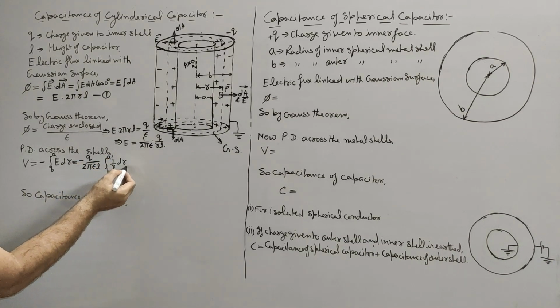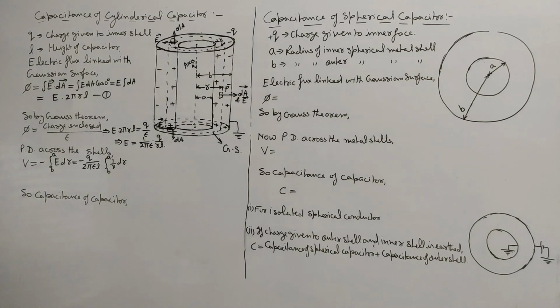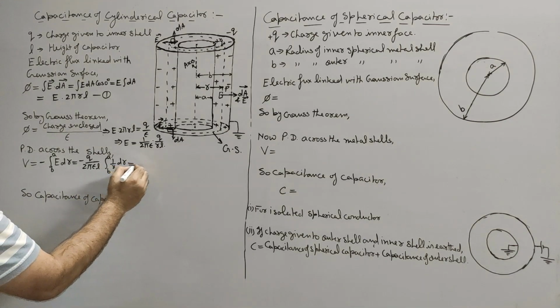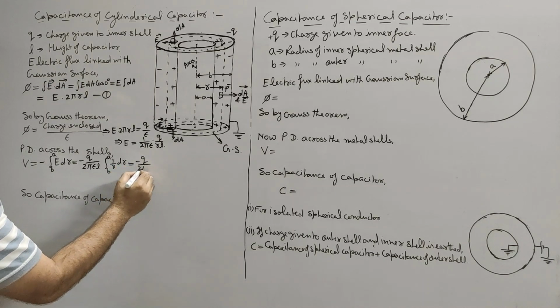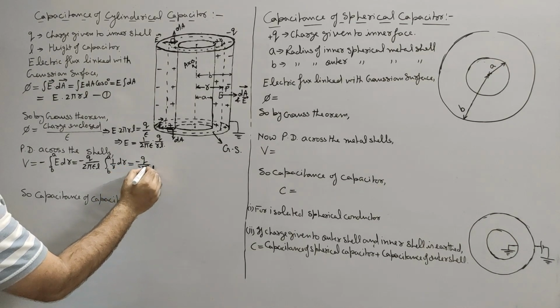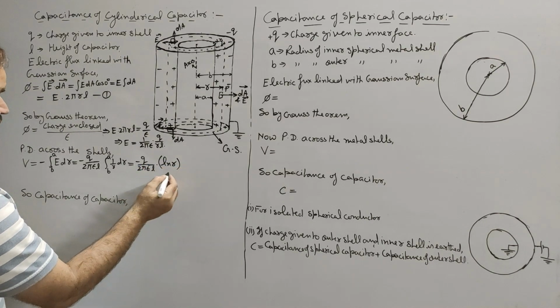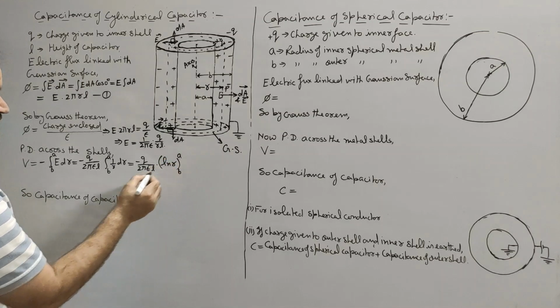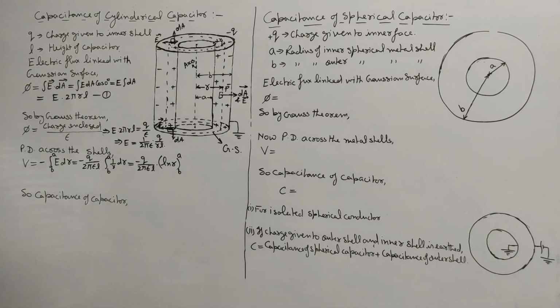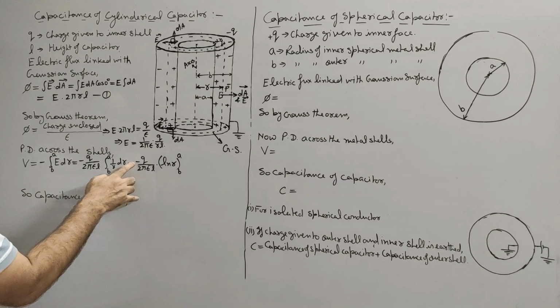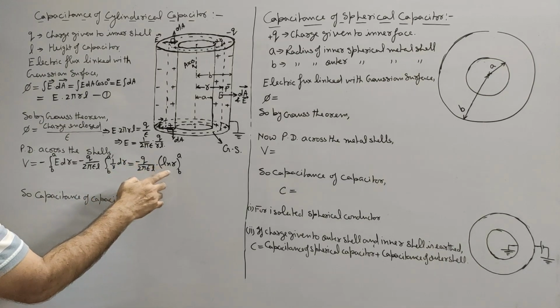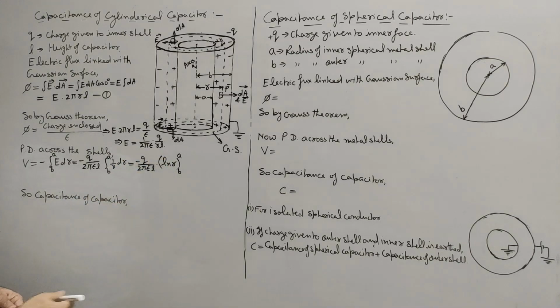Integration of 1 upon R with respect to R is log R at the base e, and log at the base e can be written as ln, natural logarithm. So it will become minus Q upon 2 pi epsilon L, and ln R limits from B to A. Since there is negative sign in front of this expression, this negative sign can be accounted by reversing the limits.